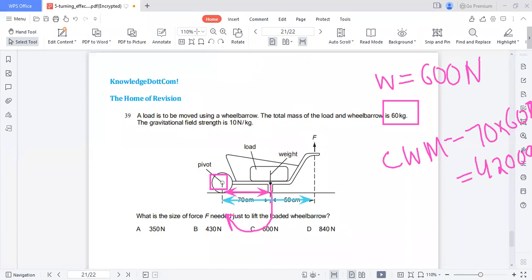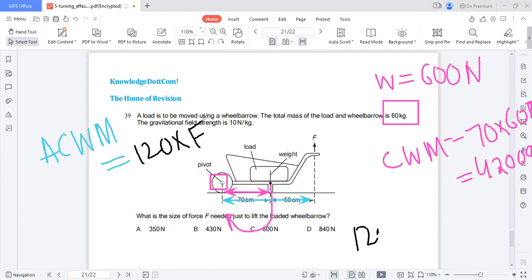This gives an anti-clockwise moment, which is 120 times F. For a balanced case, the clockwise and anti-clockwise moments are equal.